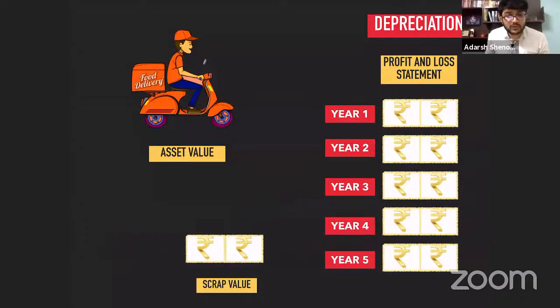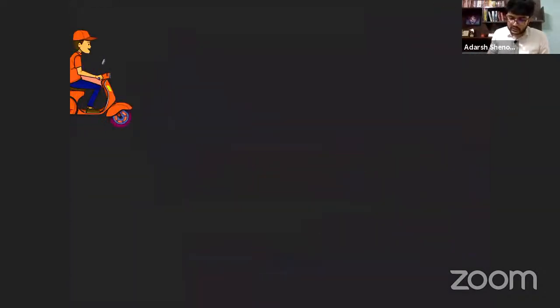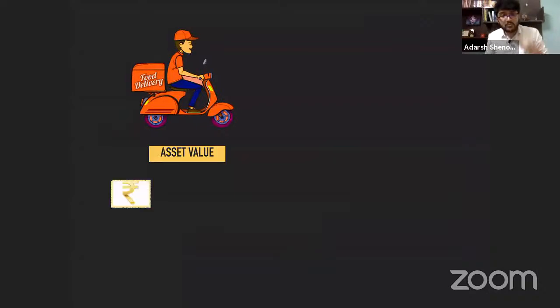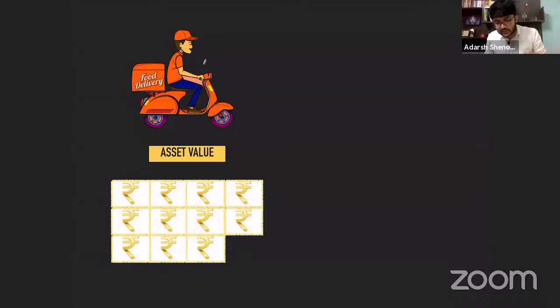Now, this provision for depreciation method doesn't work like this. Under the provision for depreciation method, we don't minus anything from the asset account. The asset account will be intact. The cost of the asset will be intact. We will not touch it. Rather, whatever depreciation we have to charge, we will calculate it and keep it somewhere. We will book a liability, we will open a liability account, which works as a minus to this asset.